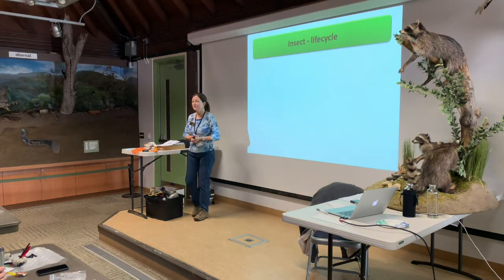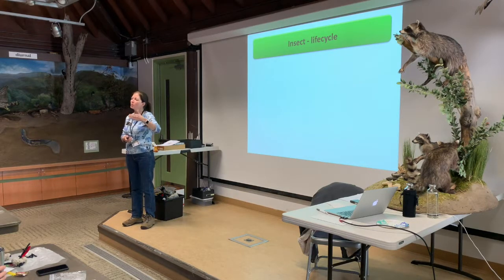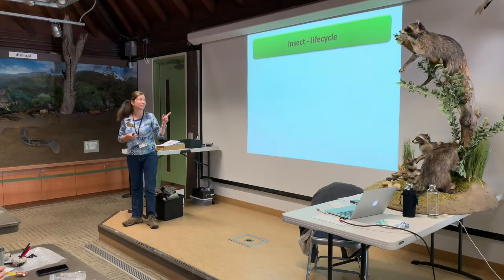Insect lifestyle. So we've gone over the basic ways that insects eat. We'll get into more specifics of what they eat when we look at the different insect orders, but you'll know what the mouth parts are that they'll need for that. Now, another way to identify insects is based on their life cycle.